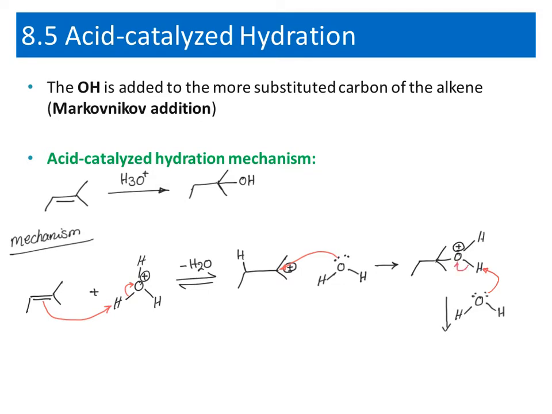So this step is a proton transfer step to form the product and regenerate the catalyst. So hydronium ion was our catalyst and we are reforming it at the end of the reaction. So that one was catalyst.